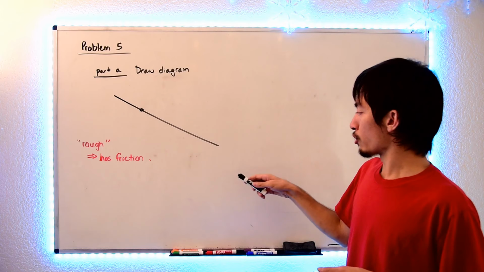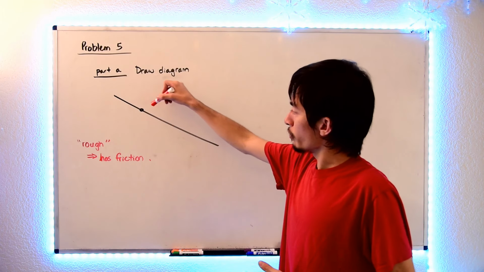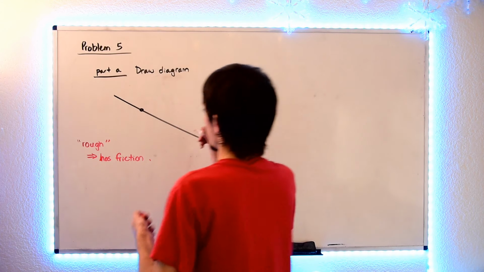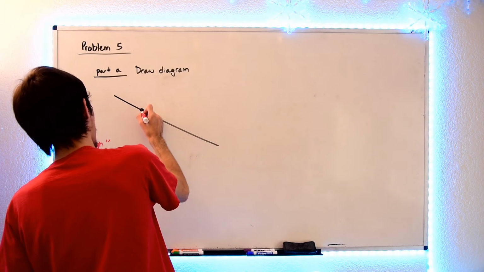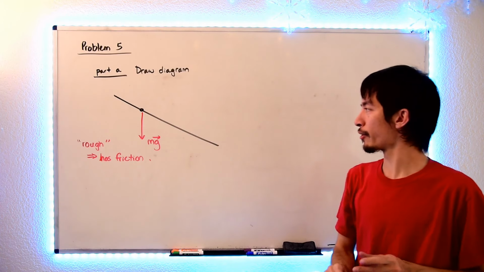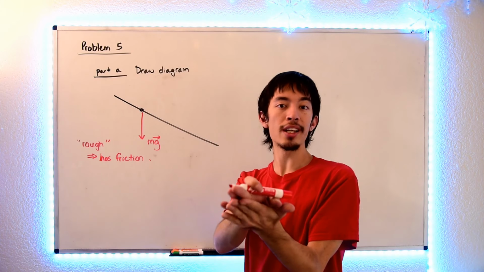Now, when we draw the forces, let's draw the more immediate and obvious ones. So because there's a mass here, we're going to say that it has a weight. So there is weight that acts straight downwards. mg, always downwards.